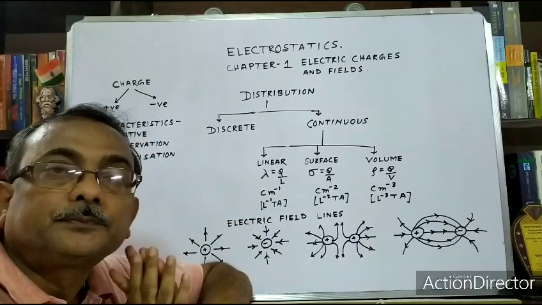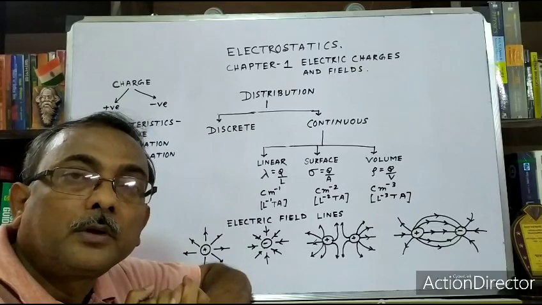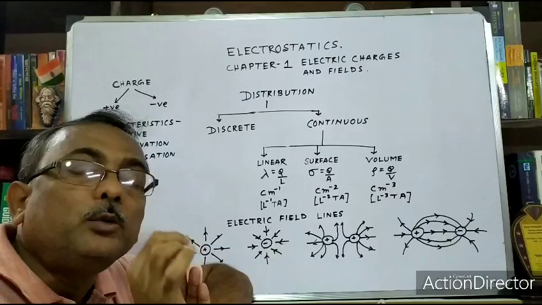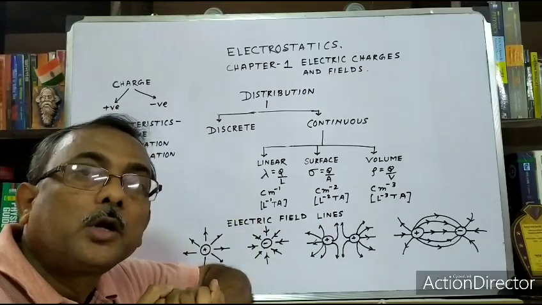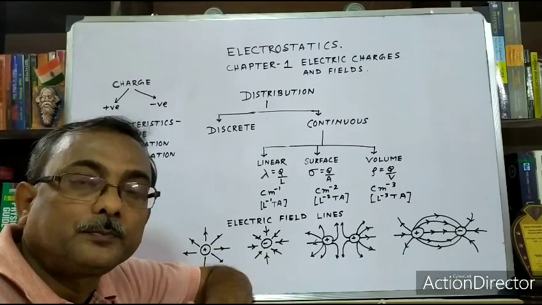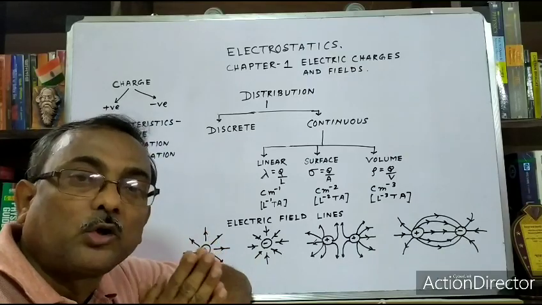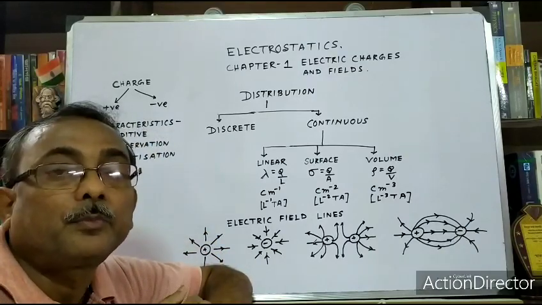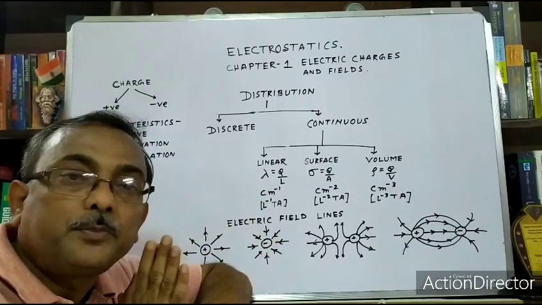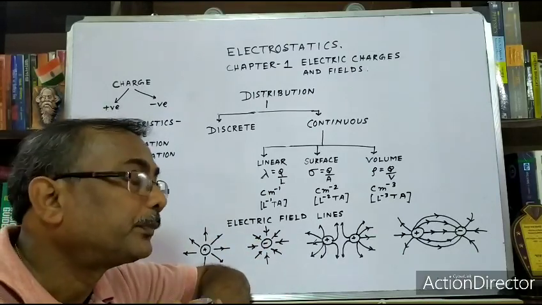In this regard, there is an electrostatic series, and according to that series, the body which comes first in the series will lose electrons and become positively charged, and the other body that gains these electrons will be negatively charged. So charges are of two types, positive charge and negative charge.